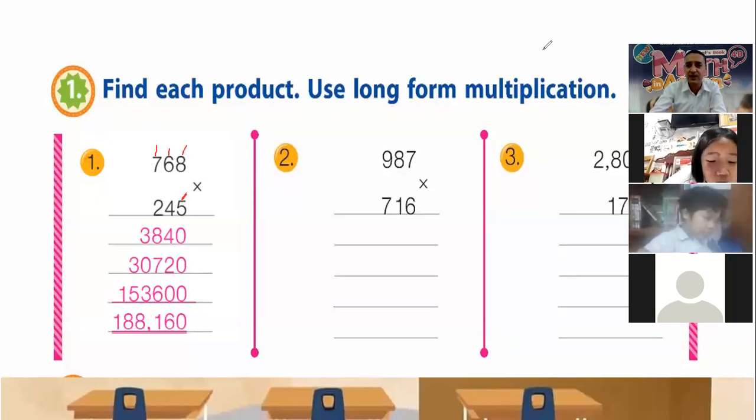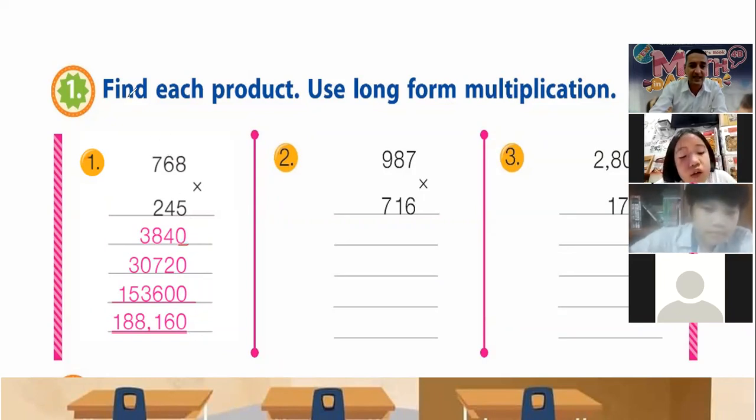So first, we start with the 5 at place 1. We multiply 5 with 8. 5 multiplied by 8 becomes 40, right? So we write 0 at the 1 place, and 4 will be carried over to the 10 place, okay?